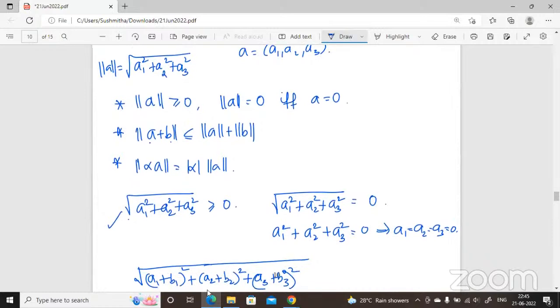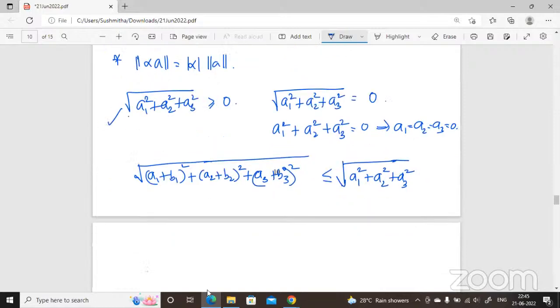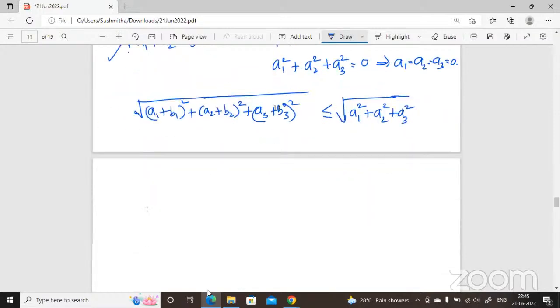So this is always less than or equal to this, which is nothing but the distance from the origin, right? So you can think like that geometrically. Maybe if you try to sit and prove this, it may be difficult, but you can think of it geometrically.